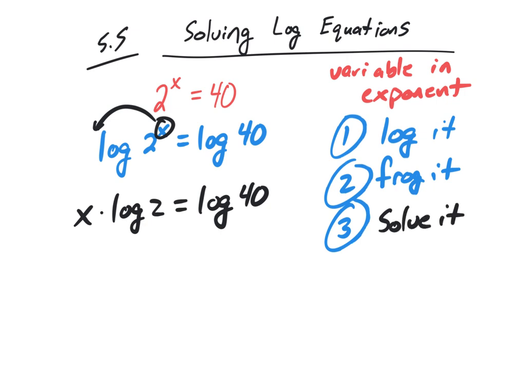and then our final step is to solve it. Because we have a multiplication sign right here, we're taking x times the log of 2, to get x by itself we're going to divide by the log of 2.